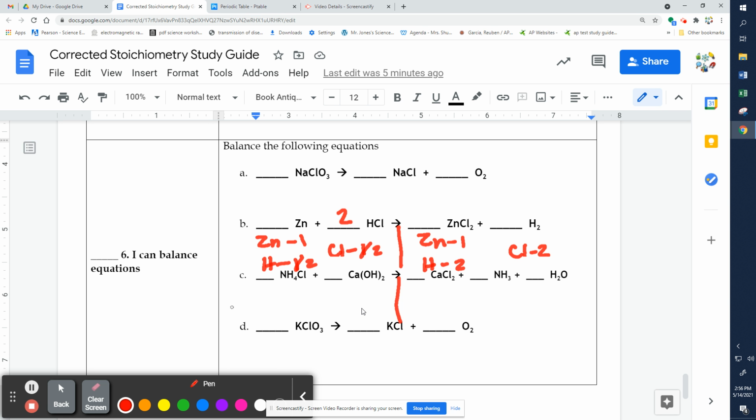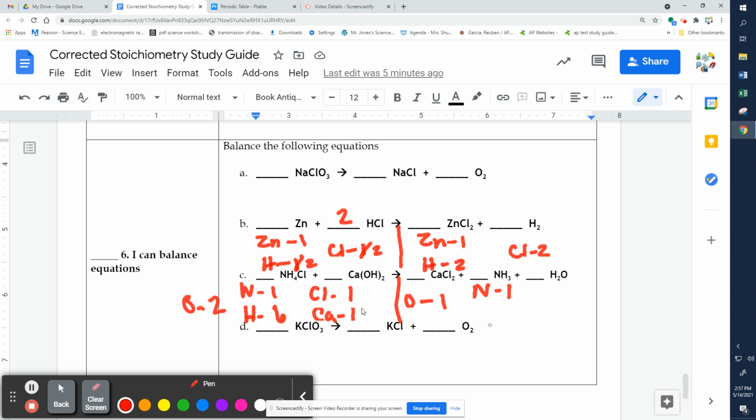For this example, we have nitrogen, hydrogen, chlorine, and calcium. Oh, we also have oxygen. For our hydrogen, we have 4 over here and 2 over here for a total of 6. Okay, so I'm going to write it exactly the same. For my oxygen, I only have 1 of those.